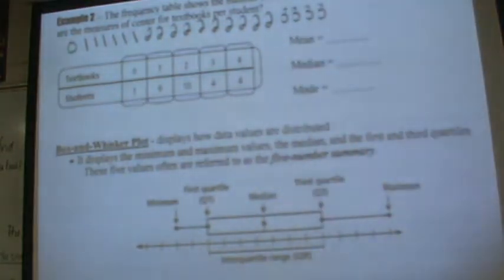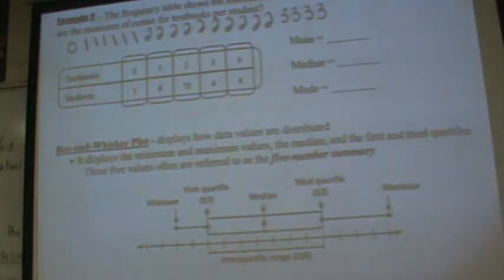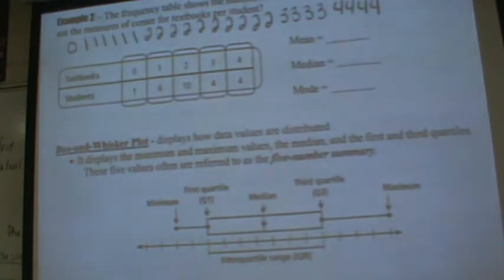So if we were to write our set out, like we saw it before, we would have 1 that carries 0, 6 that carry 1, ten that carry 2, 4 that carry 3, and 4 that carry 4.